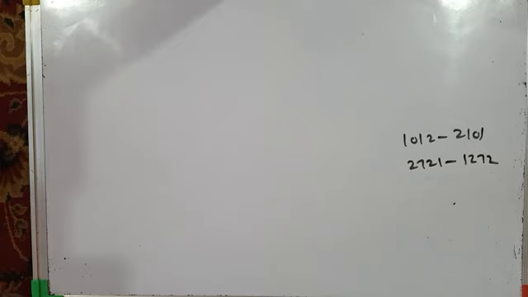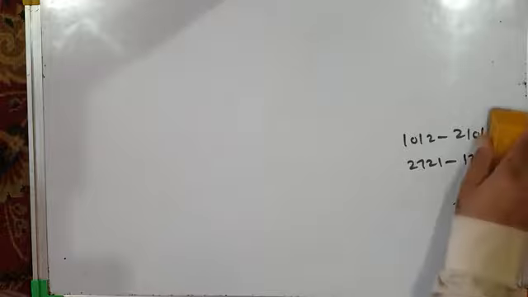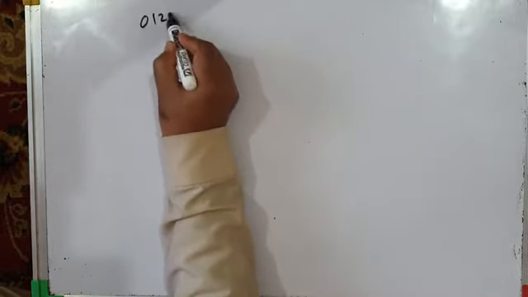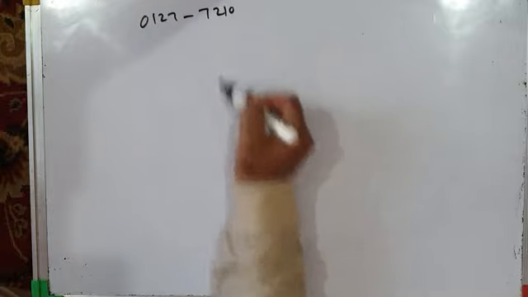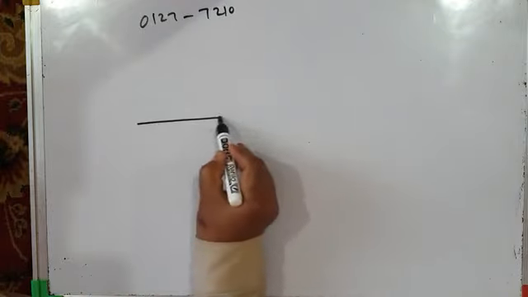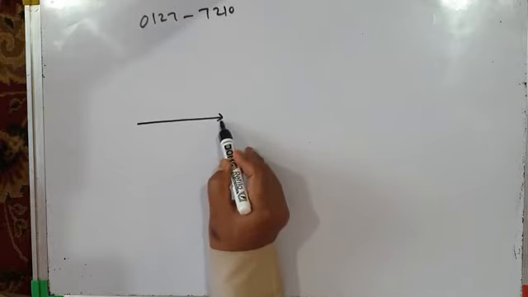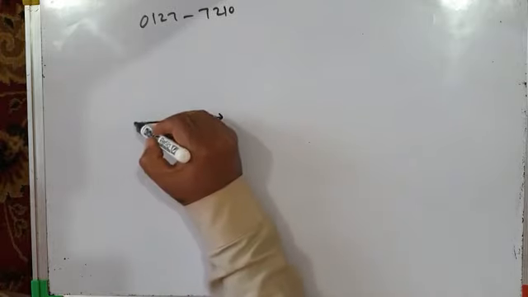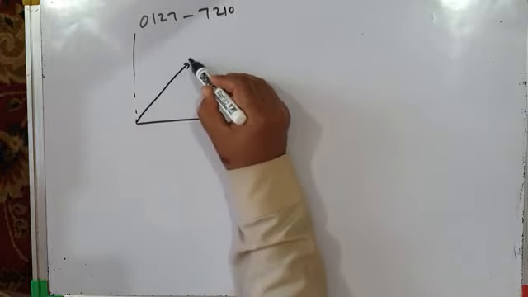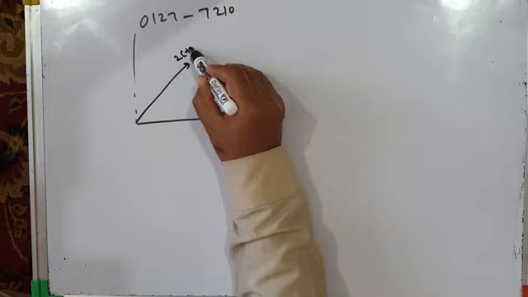Now let us see the influence of these switching sequences on stator flux ripple and hence on torque ripple. Let us use the conventional switching sequence like 0127, 7210. So in the alpha beta plane, or space vector plane, this is our alpha axis and this is beta axis. We have active vector 2, plus plus minus.